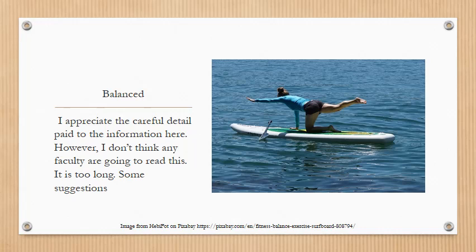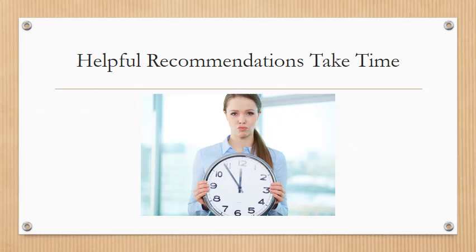And in my email, I had noted that I appreciated their careful attention to detail, but the negative part, I didn't think anybody was going to read it because it was too long. So I'm pointing out the good thing. It's very carefully worded, but so carefully worded that maybe it's a little too long. So that's another element, being balanced.